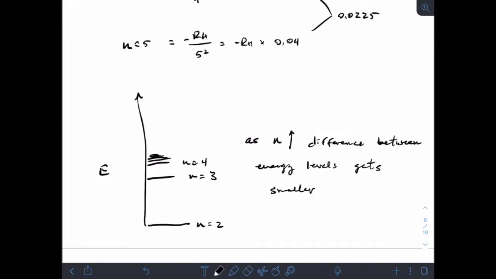Okay, so a transition from 2 to 3 is associated with a larger energy than the transition between 3 and 4.